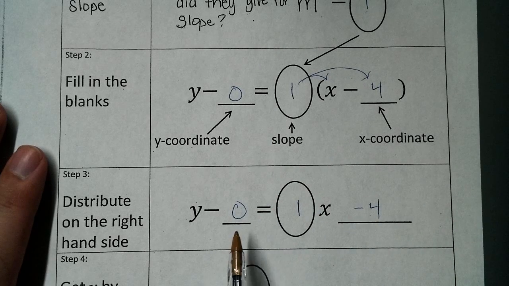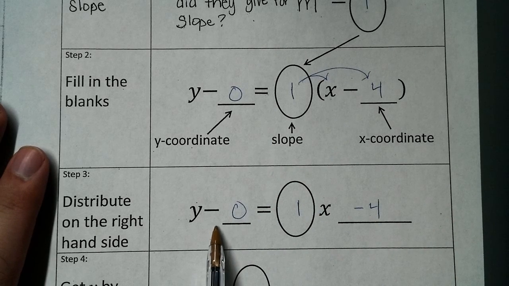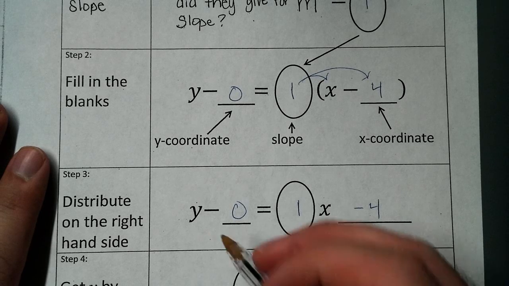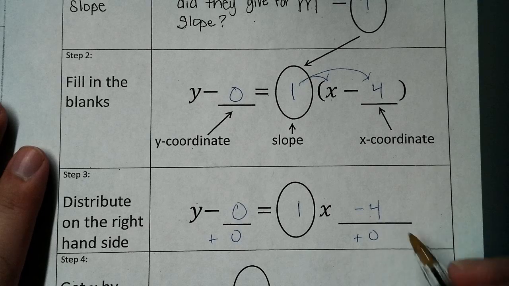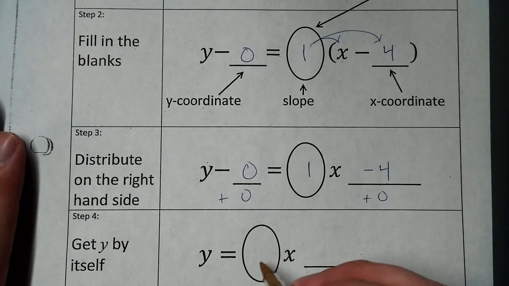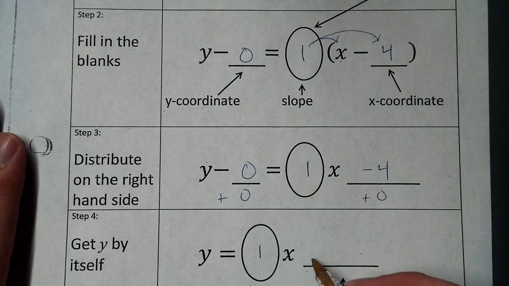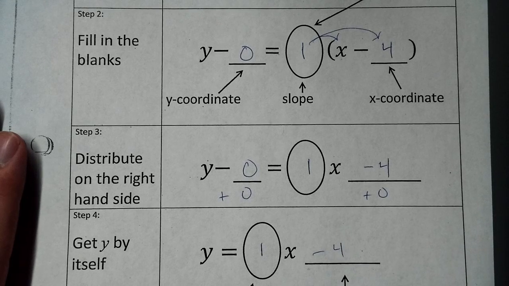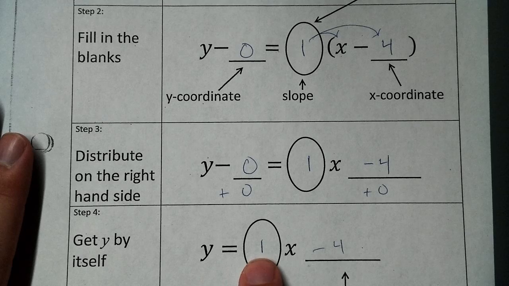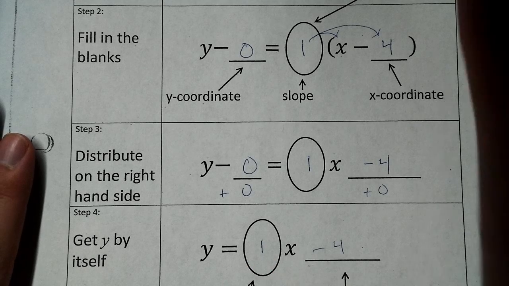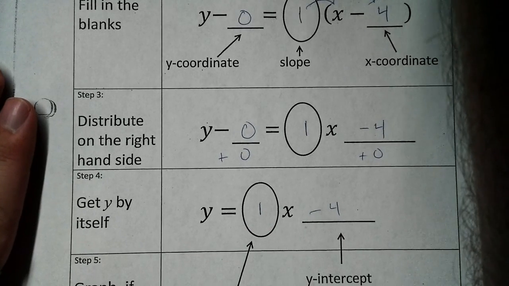Now we want to get y by itself, so we would add the opposite, plus 0. When I add 0, I still have negative 4. So we get y equals 1x minus 4. And now we have it in slope-intercept form. Y equals my slope times x, and my y-intercept is right there.